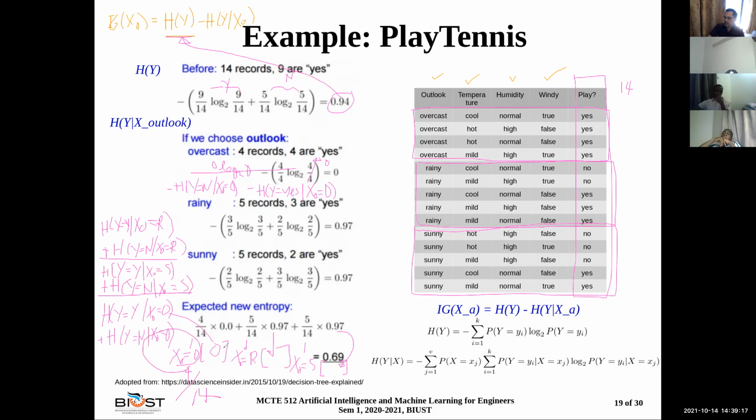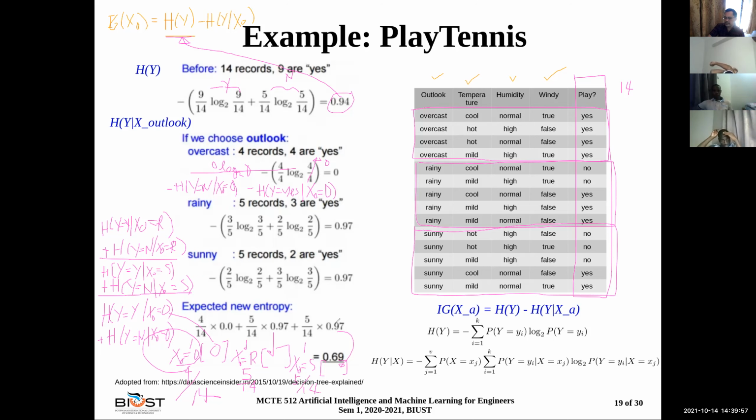And then when X outlook is rainy, 1, 2, 3, 4, oh, 5. 5 only. It's not 6, it's 5. And for sunny, 1, 2, 3, 4, 5. So again, this is 5 over 14.